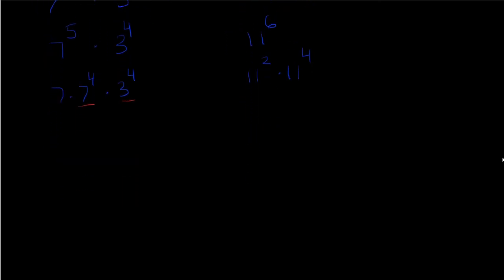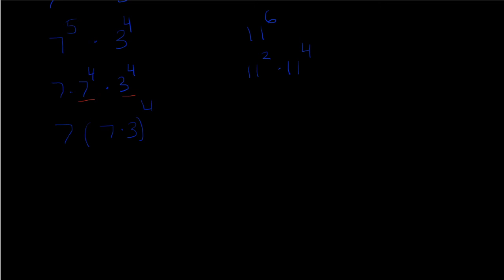So we can say 7 times 3 raised to the 4th power, and then we'll have 11 squared times 11 to the 4th power. Now 7 times 3 is 21, that'll be 21 to the 4th, and then 11 squared times 11 to the 4th.